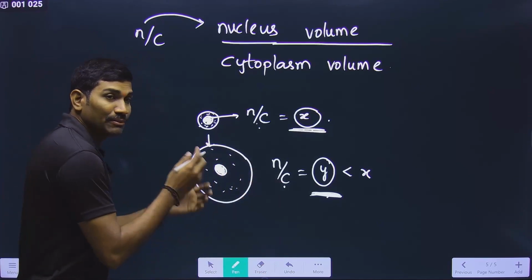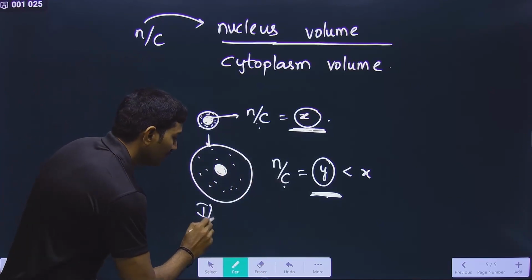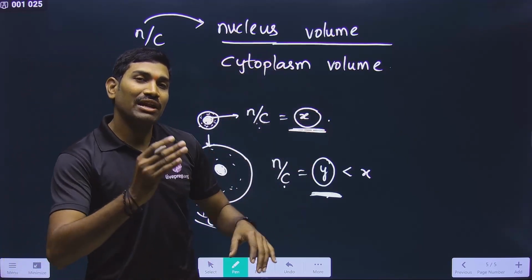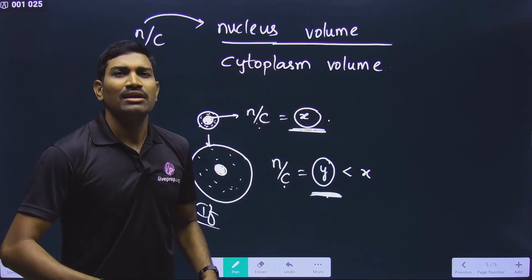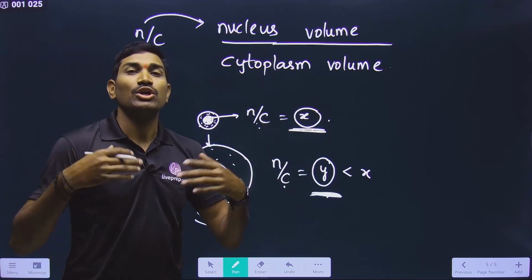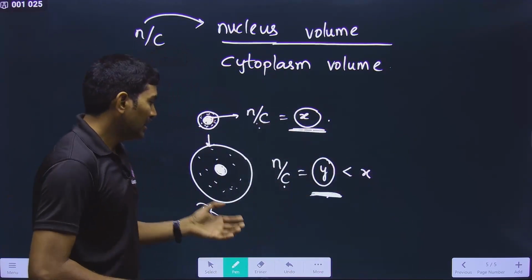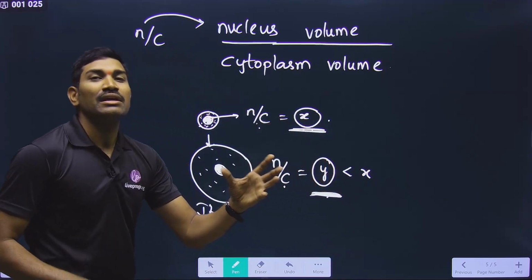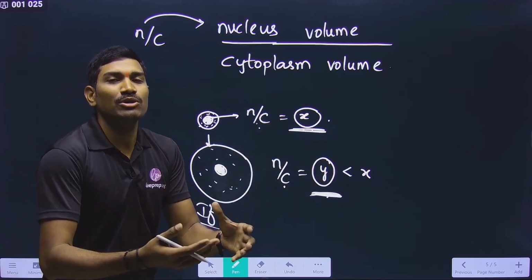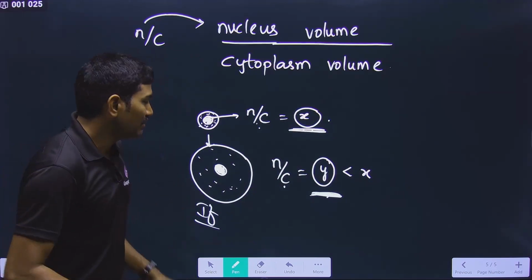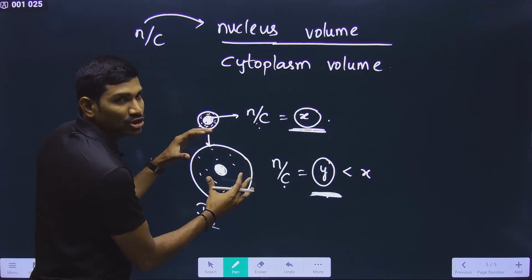If the size keeps on increasing, after a particular point the volume is very huge, so the nucleus may not be able to control all the activities, and that is dangerous for the cell.